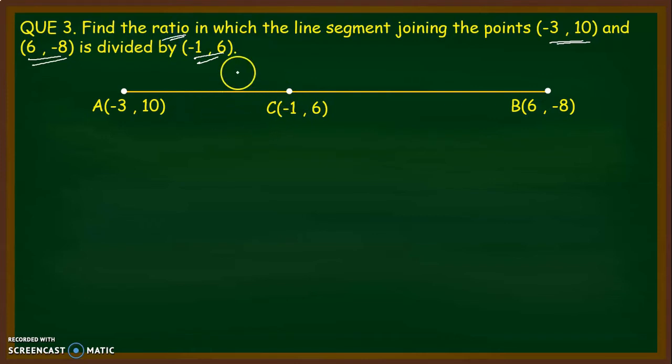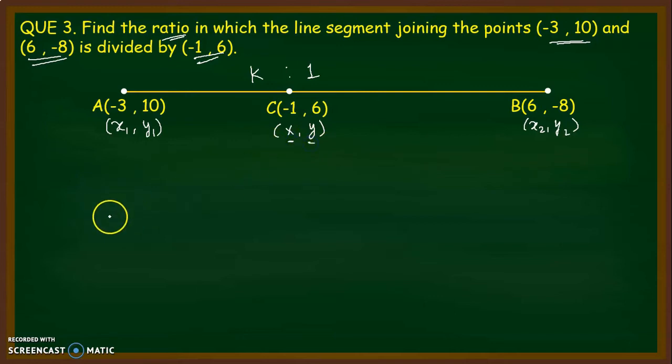So let's assume that the C divides the line AB in the ratio of k:1. Here we can say this first point is (x1, y1), this second point B is (x2, y2), and this is (x, y). So here either we can use the formula for x or we can use the formula for y.